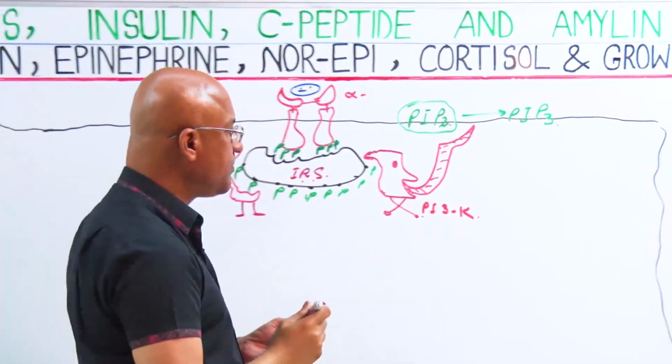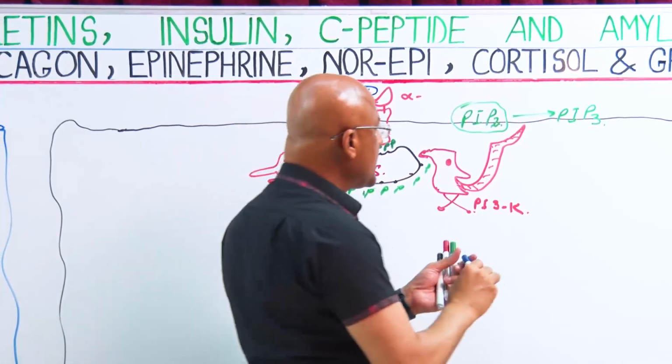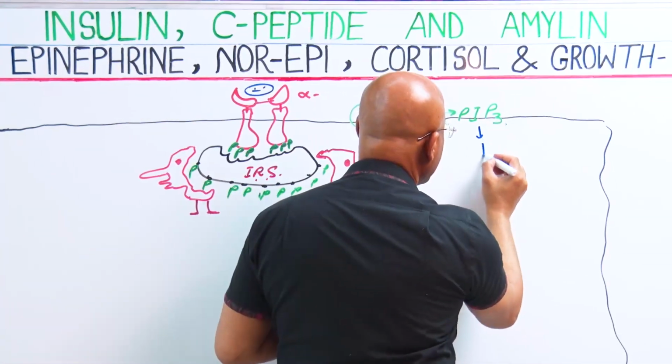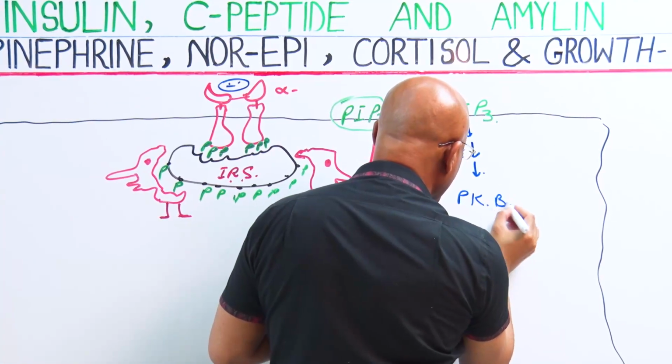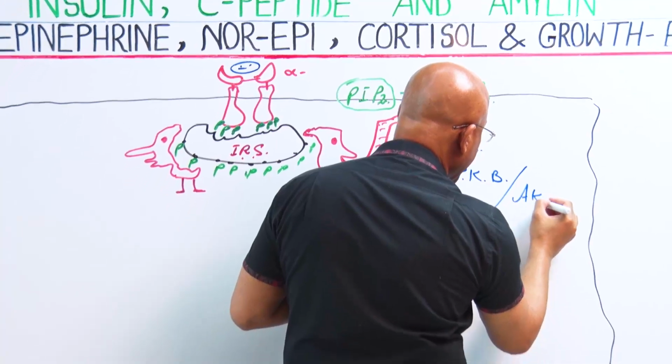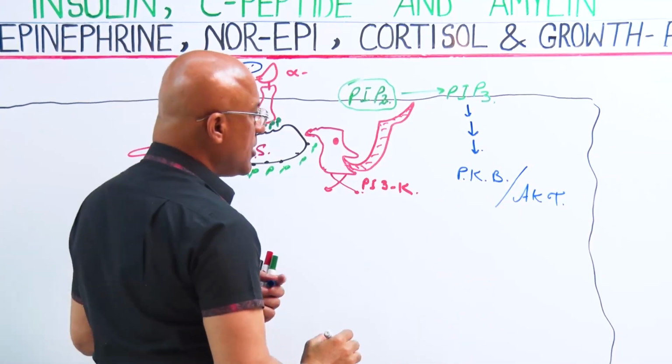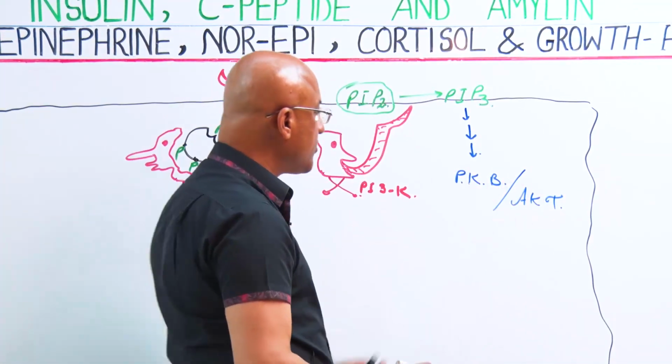This was the reaction. This will give intracellular signals. With multiple signals, eventually it will activate protein kinase B. This is also called AKT, protein kinase B or AKT molecule.